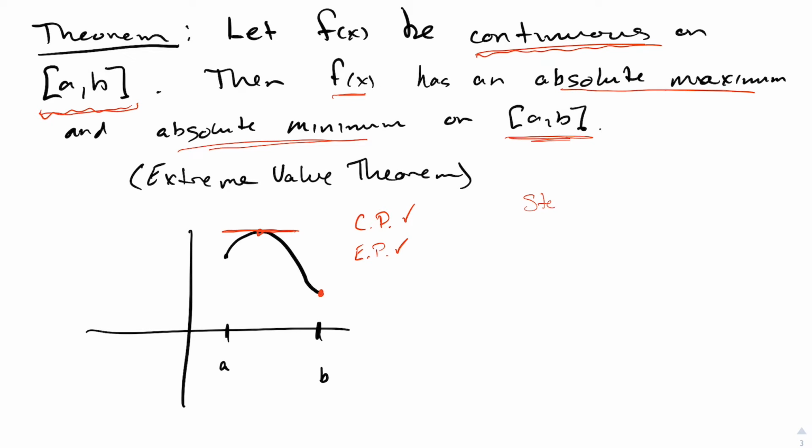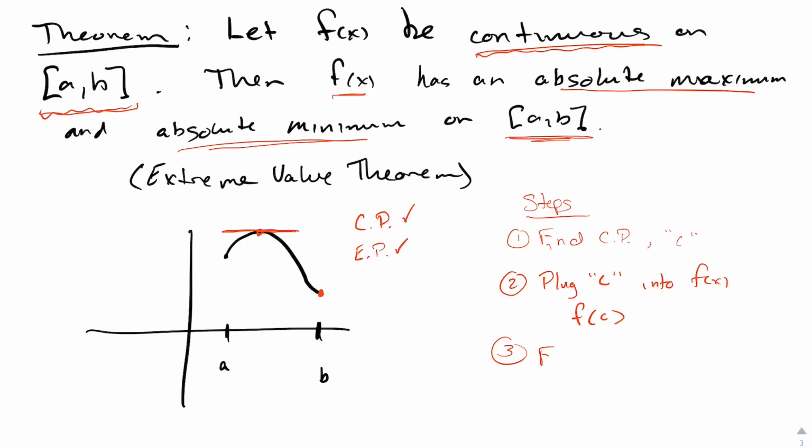So the steps to finding absolute max and mins go like this. The first step, we want to find our critical points. We've called them lowercase c. What we want to do with our critical points is plug these c's into f of x. We want to find f of c.